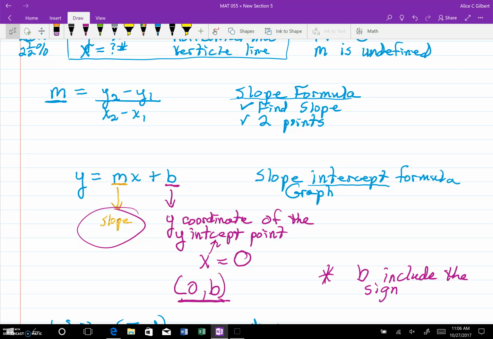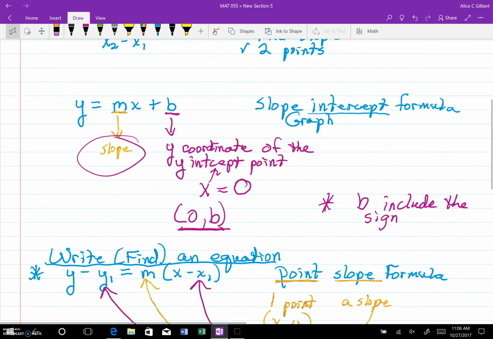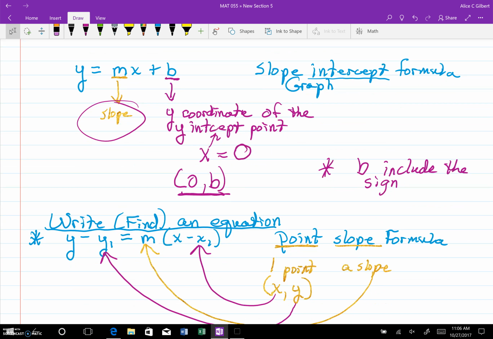Next thing you need to know is how to find a slope. Use the slope formula, m equals y sub 2 minus y sub 1 over x sub 2 minus x sub 1. In order to use it, you have to have 2 points. Then we have the slope-intercept formula. This is what we want to use to graph any line. That's y equals mx plus b.